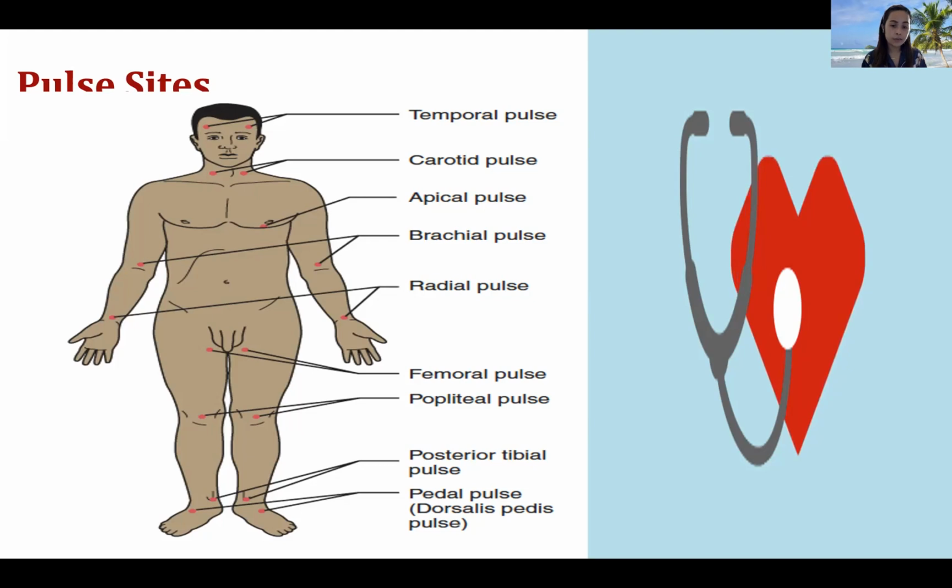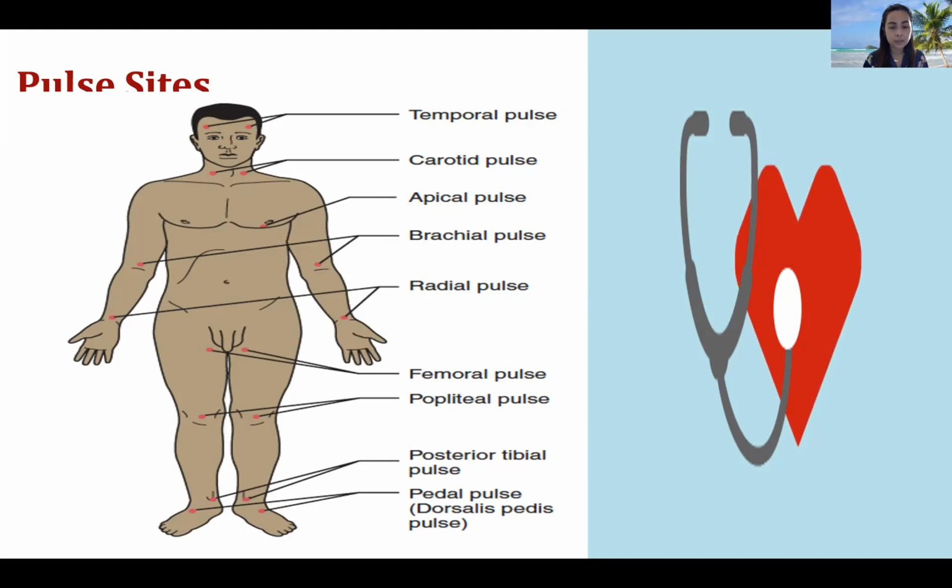Next, femoral pulse. Femoral pulse is in your groin. It is used for children, and in BLS also, if they cannot appreciate the carotid pulse. Next is popliteal, which is behind your knees.